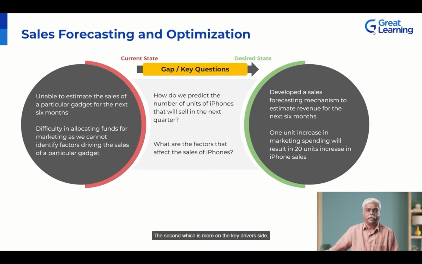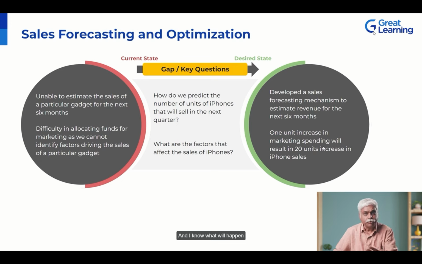The second, which is more on the key drivers side: 1 unit increase in marketing spend will result in 20 units increase in iPhone sales. Do not give me a forecast, but give me a business action for a particular input. In this case, that particular input could be marketing spend.